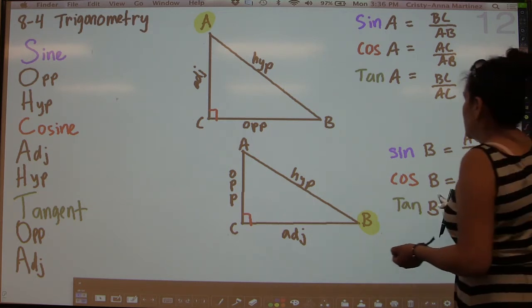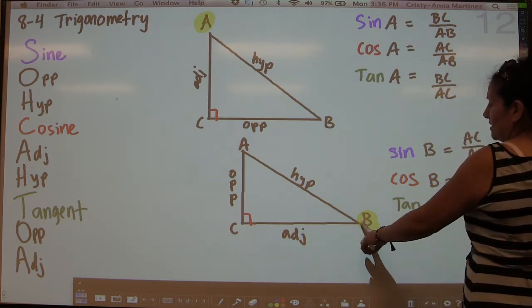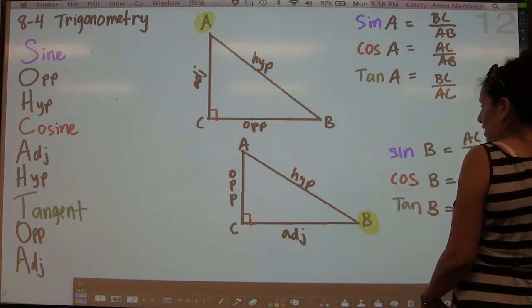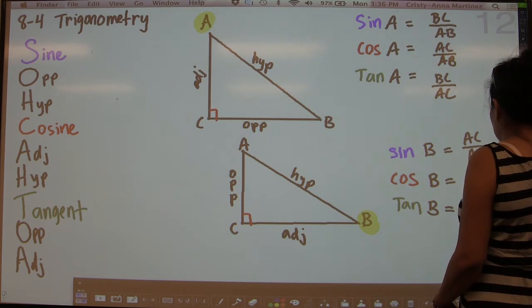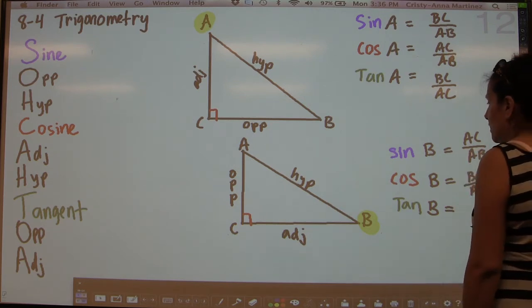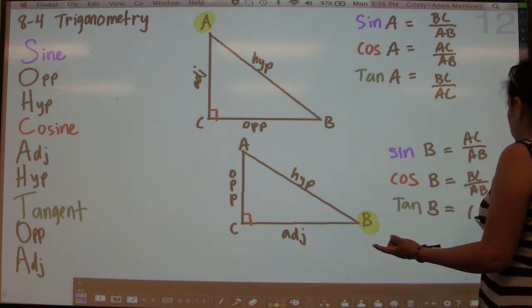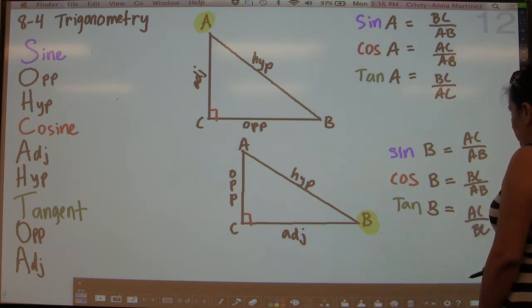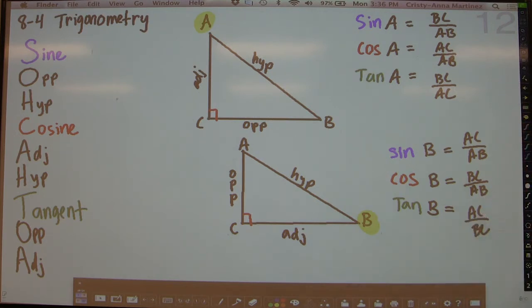Interesting, huh? Cosine B is going to be adjacent, so BC over hypotenuse, which is AB. And then our last one, tangent B, is going to be opposite, which is AC, over adjacent, which is BC. All right? So just like that, you can determine what the ratios are. That's what we're going to do in our first example up next.